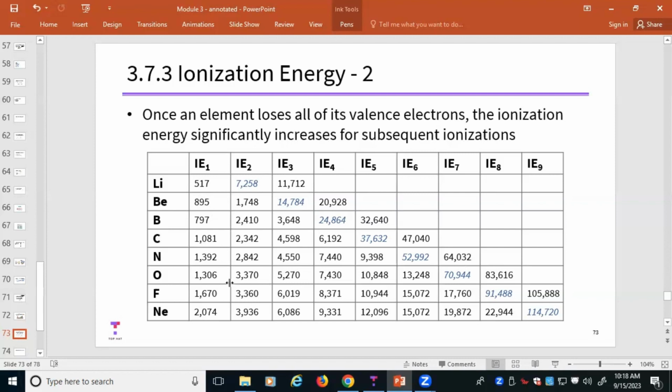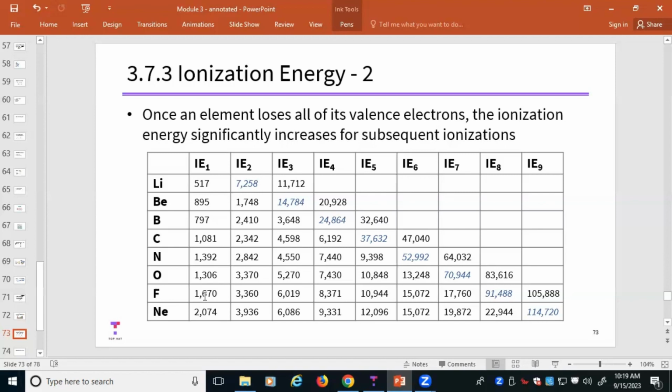Now, the reason for that is pretty simple. It's attraction. As I'm removing electrons, the remaining electrons, because of that loss of repulsion from that electron leaving, are going to be even more drawn to that nucleus. That nucleus is going to have more and more power over the remaining electrons, and so it's going to be harder and harder and harder to remove the next one.